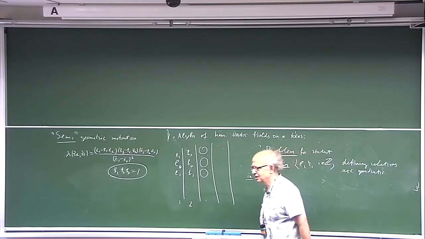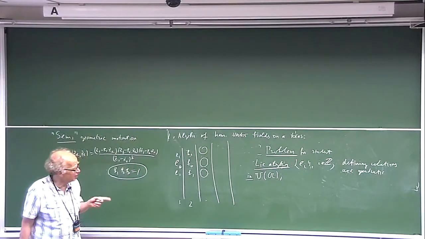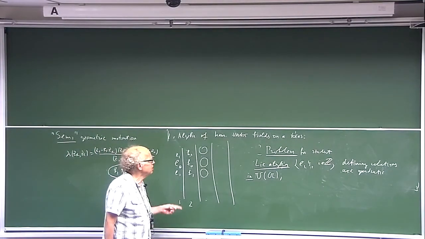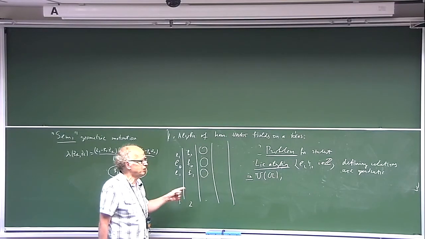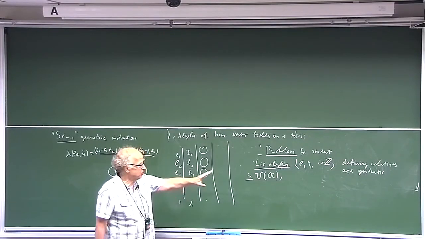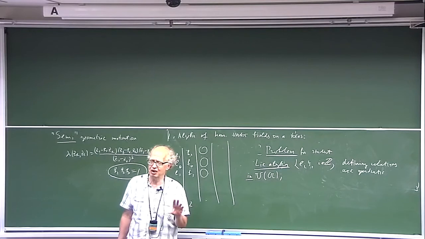Yes, and this is easy to check, and even after this, it is not a big problem, just some calculation, that actually for this Lie algebra, the defining relations are just quadratic and cubic, like in our shuffle algebra.